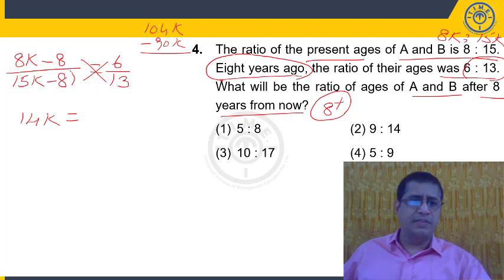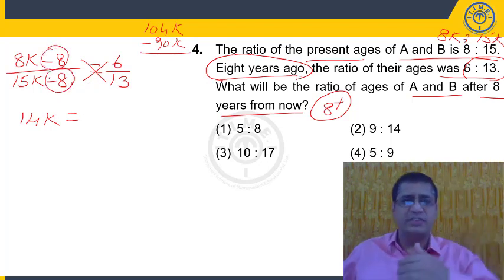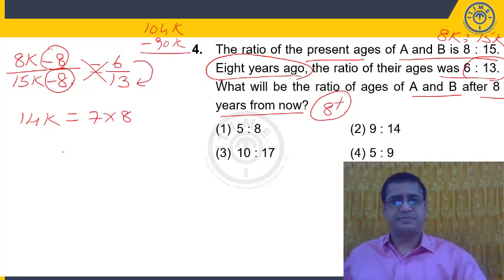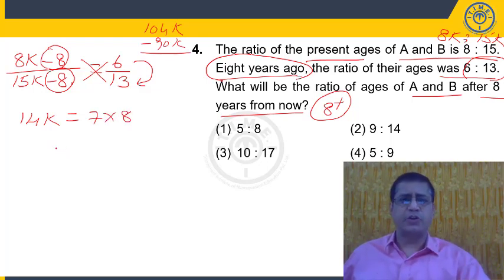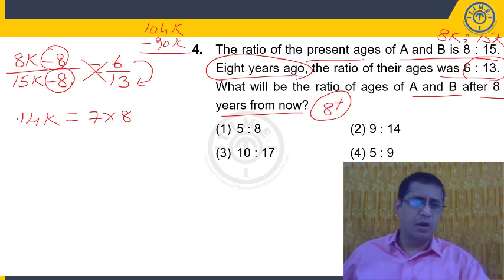Now if you observe carefully, the same number is subtracted on either side, in the numerator as well as in the denominator. Hence you need to observe the difference of these two. So what is the difference in the ratio? 7. 7 into 8 is 56. Now how many times does 14 go into it? 4 times.